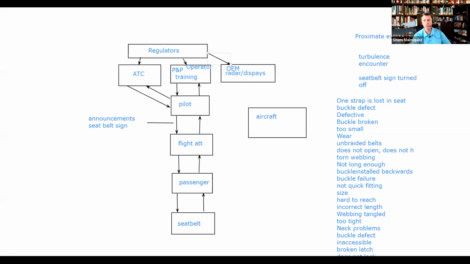Because again, this is what we're trying to look at: why the control in place did not work. And once we understand why the controls didn't work at each level, we can generate recommendations for how to fix them. And that's really what we're trying to do.